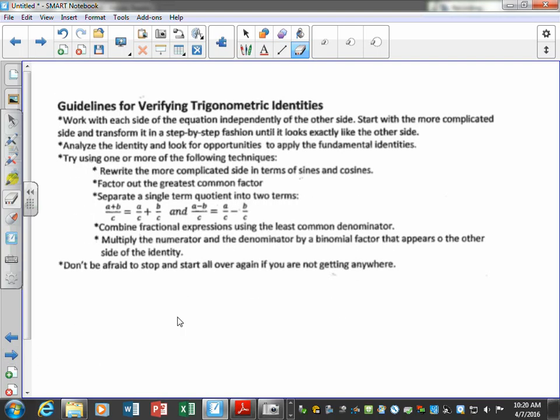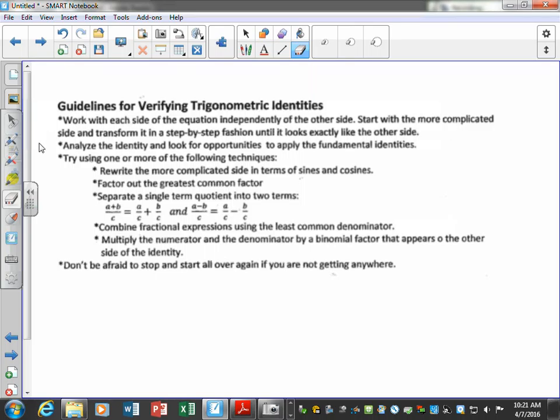So to have some guidelines for verifying, we'll work with each side of the equation independently. Typically we like to start with the more complicated side. When we have these identities, we'll start with the more complicated side and keep working with our identities, and then we'll try to make it look like the other side.